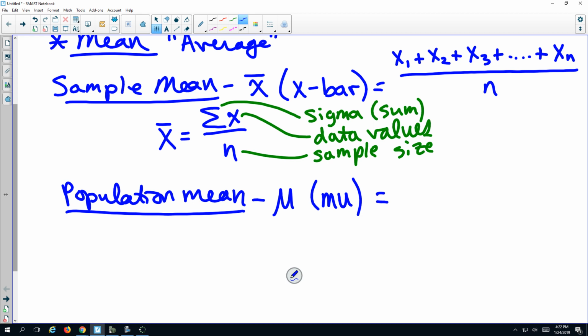So mu is just the exact same calculation except for population. So I'm still going to add up all the data values, and I'm going to divide by capital N, and we're going to use capital N for population size.